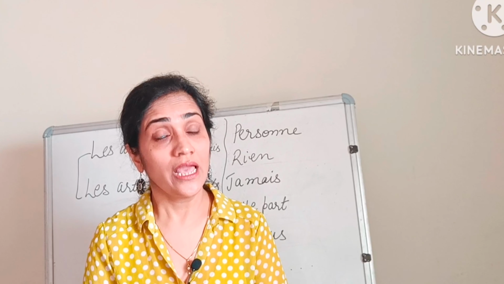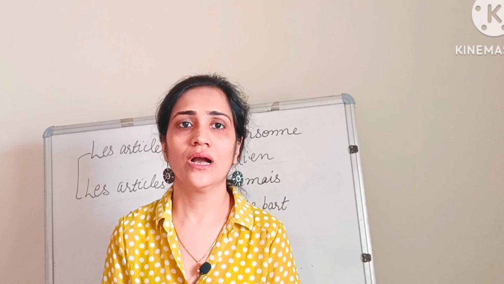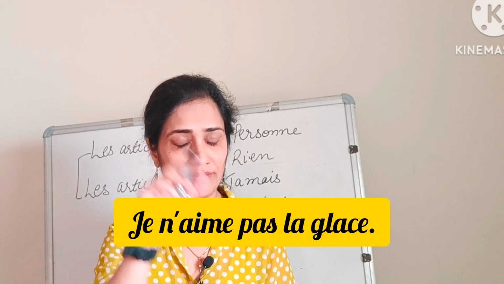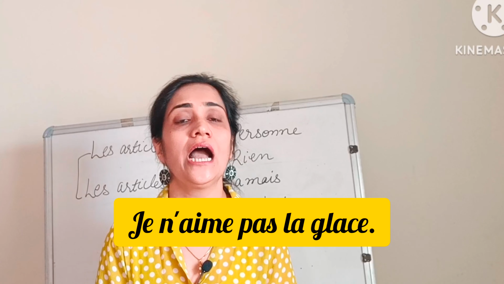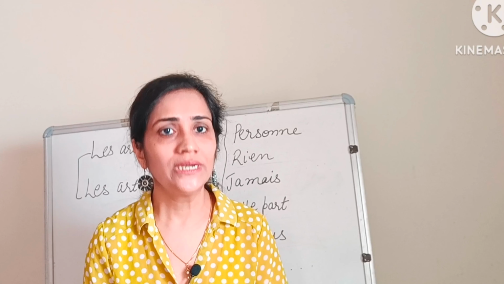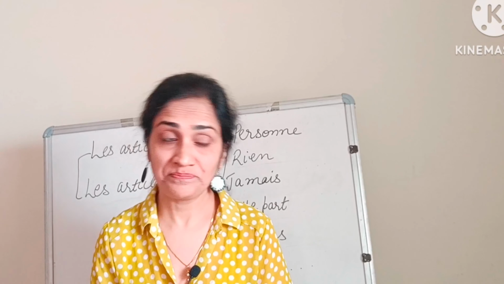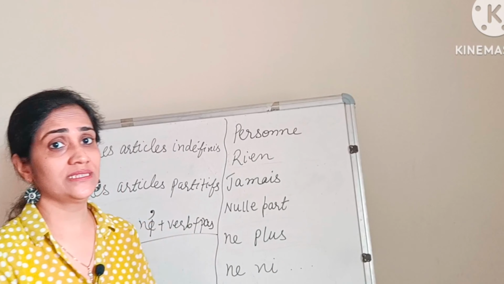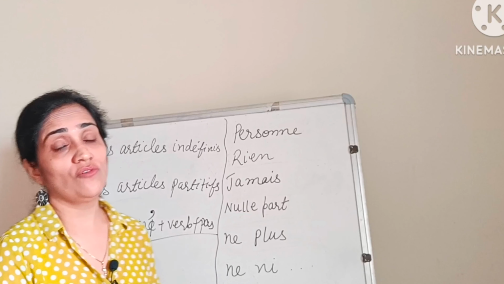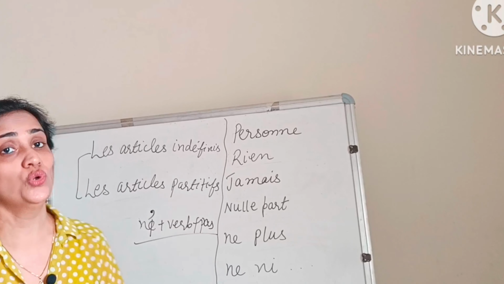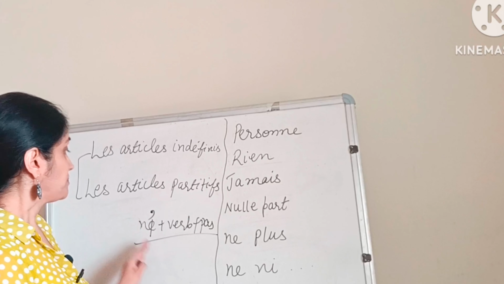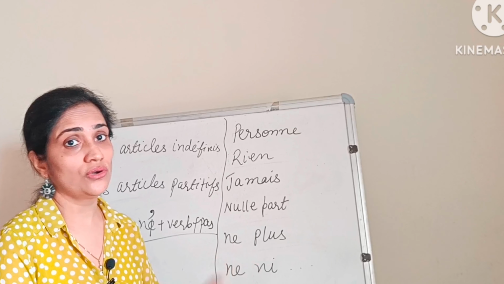And if you are using the negative, then how? Je n'aime pas la glace, with an apostrophe. Je n'aime pas la glace, which means I don't like ice cream. Okay, so this is the basic structure of making the negative sentence referring to do not or does not.